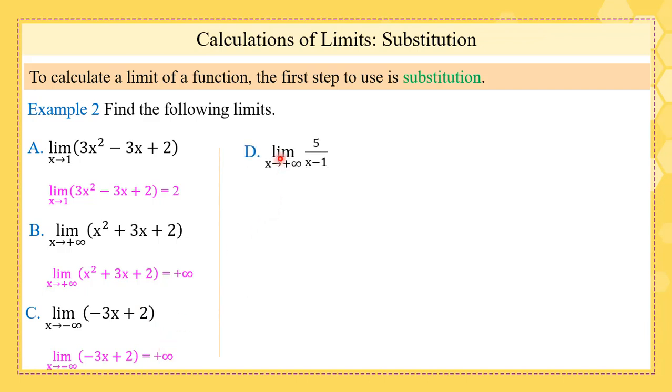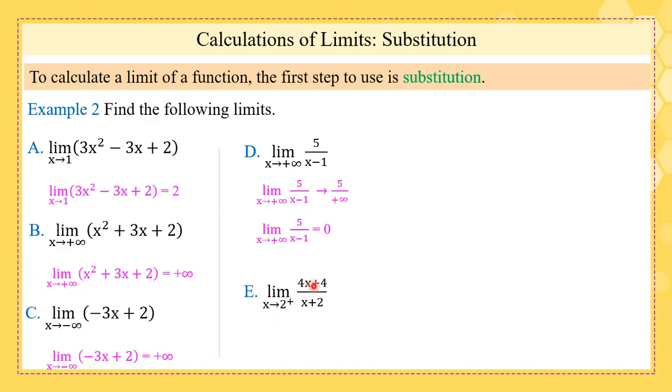Now, what is the limit of this function as x tends to plus infinity? By substitution, we get 5 over infinity, and as I said before, a number over infinity tends to 0. So this is 0. Now, what is the limit as x tends to 2 of this quantity?